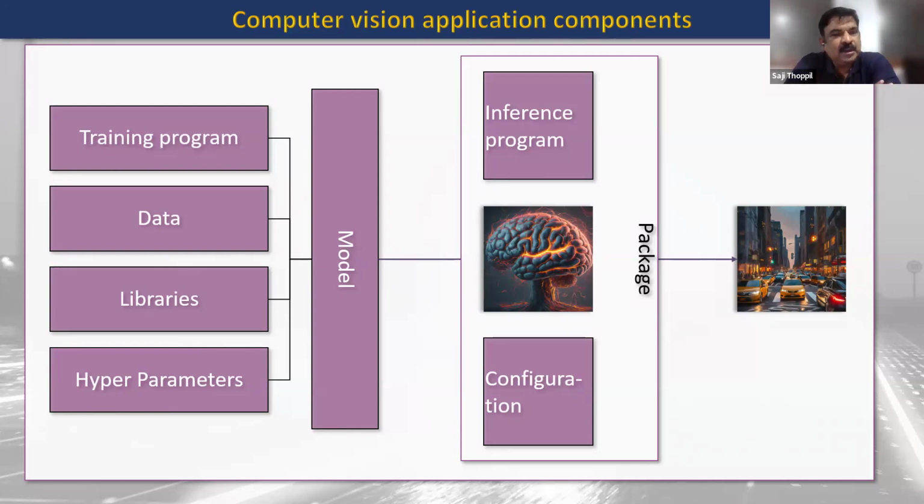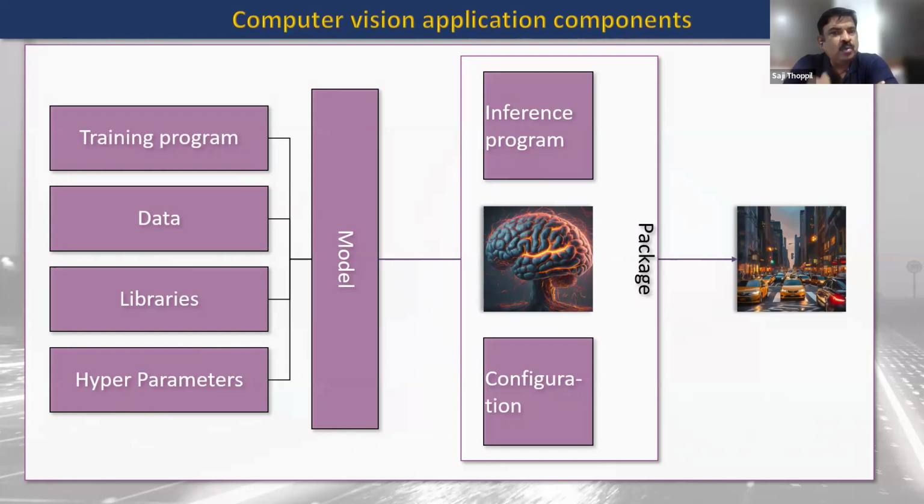A key part here is the brain. How do you create the brain which is able to look at traffic and, say, count the number of cars or count the number of taxis versus certain other kinds of vehicles? You would have to create that model, which is like the brain of your computer vision.